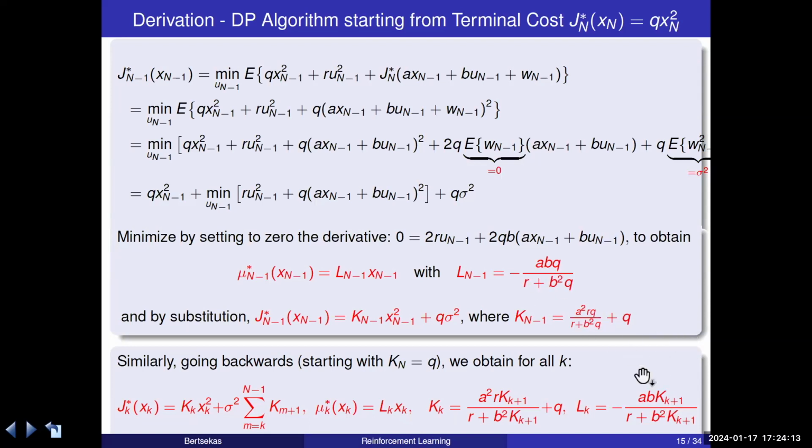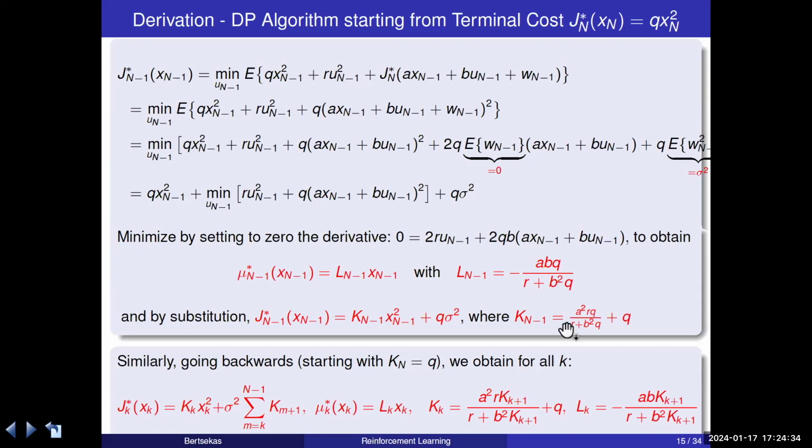Okay, compare these formulas here. We start with Q, and we generate Qn minus 1, and then Qn minus 2, and so on. And after we have all the k's, we also have all the L's.